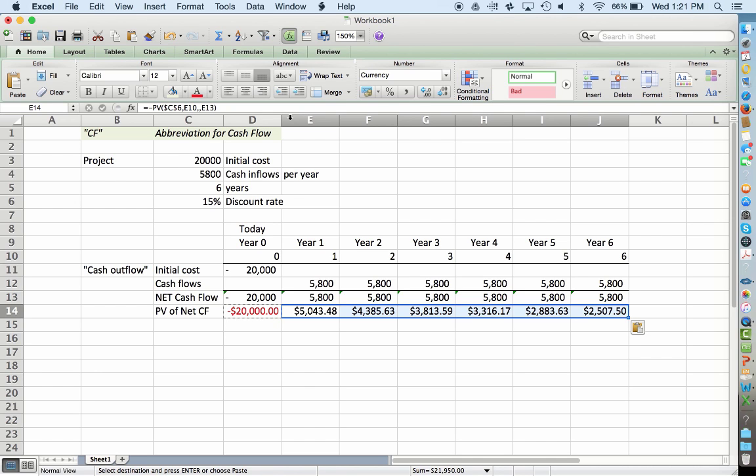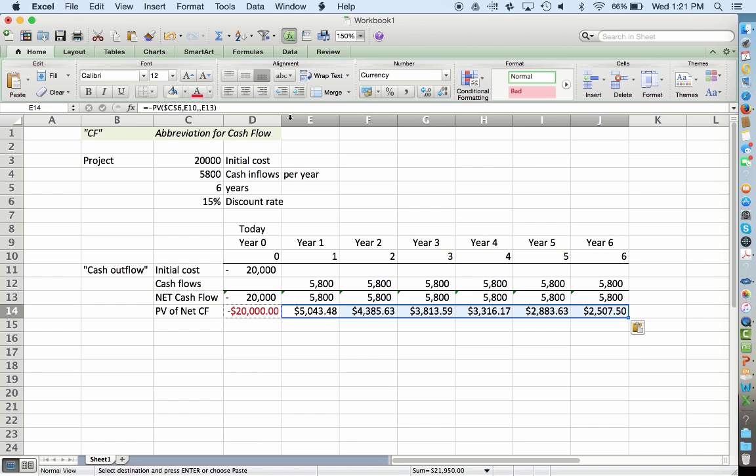Because that money that comes to me in year 6 is worth a lot less than the money that comes to me in year 1. So I can at least do a common sense check to make sure that my function is set up correctly. Okay. Now what I have is the present value of the net cash flow of the individual years.